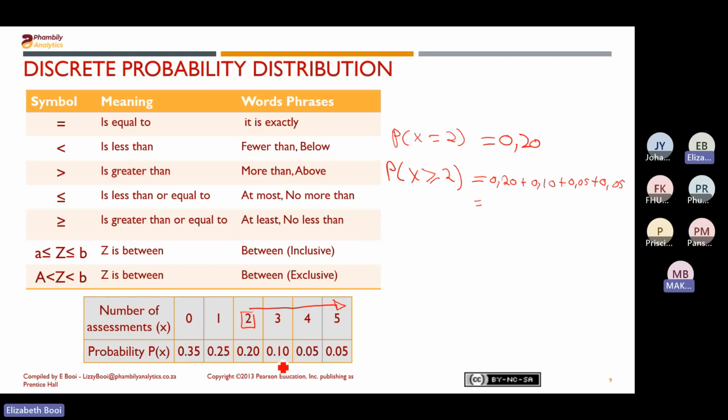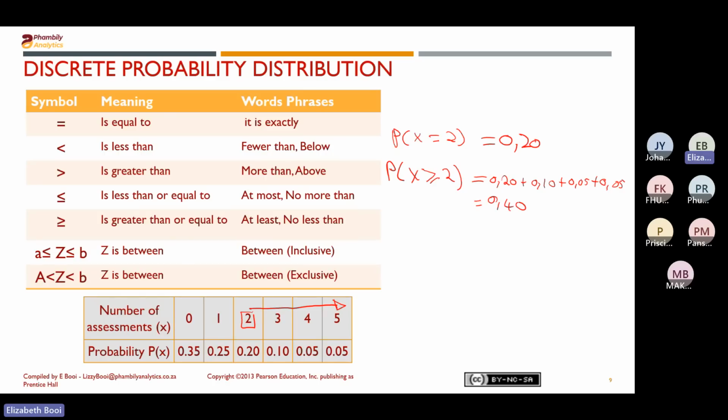And that will give us 0.40. Am I right? 3, 4, yes, 0.40.